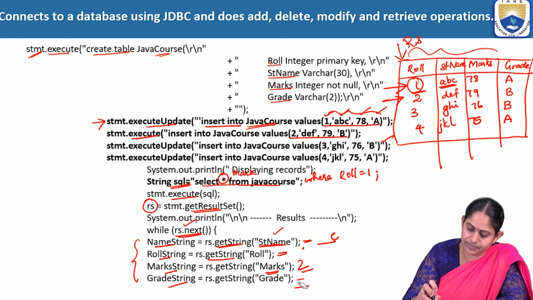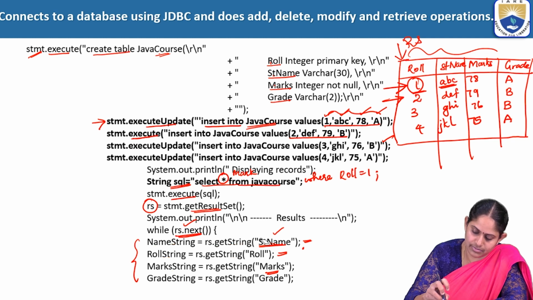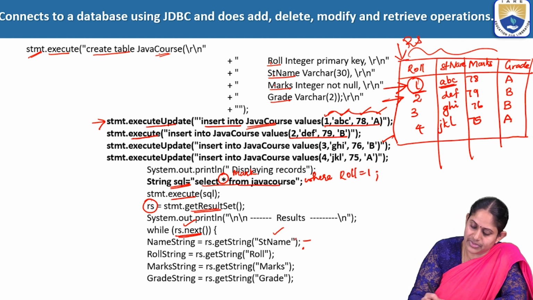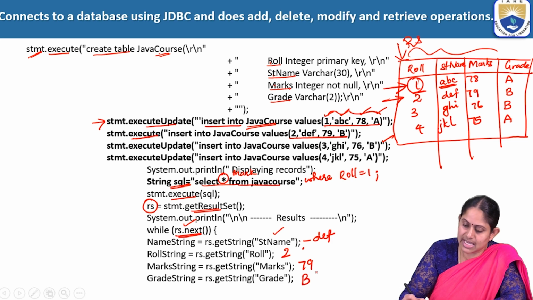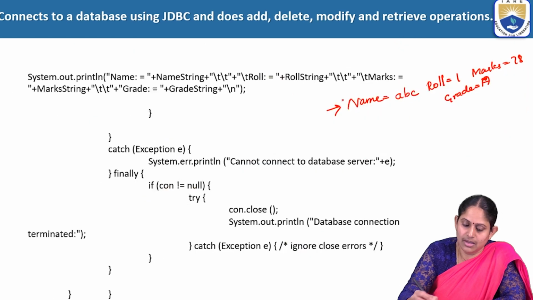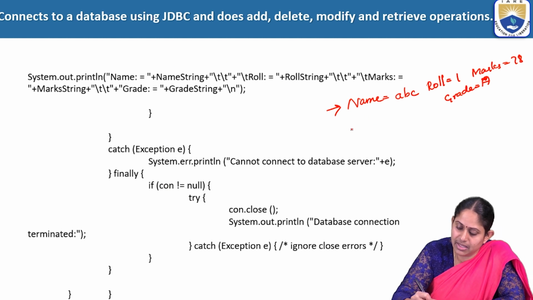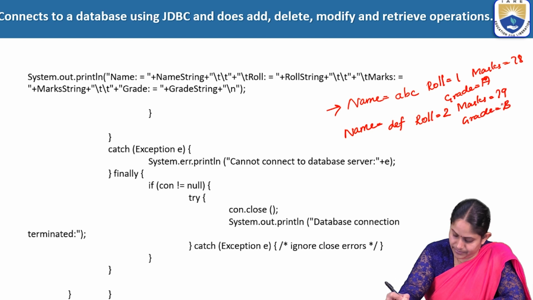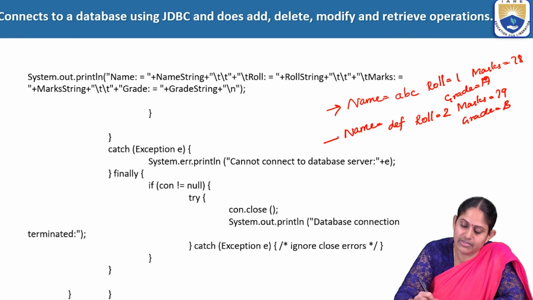So in the second case, the student name will be DEF, roll number will be 2, marks will be 79 and grade will be B. So when you print it, we get the output name equal to DEF, roll equal to 2, marks equal to 79 and grade equal to B. So this line will be displayed in the output.